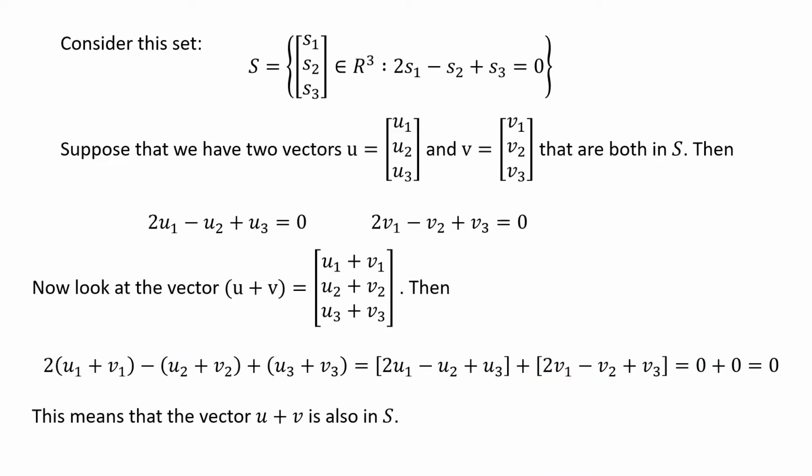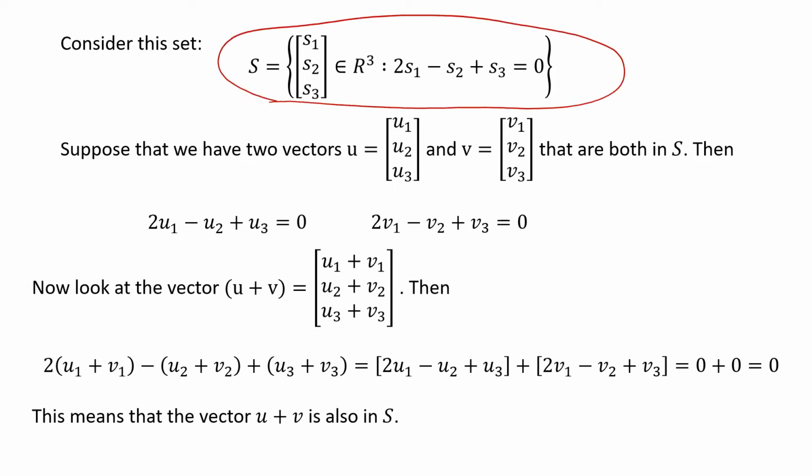So let's look at some properties of S, the set that we just defined on the previous page, all the vectors that satisfy that equation. Now, let's take any two vectors that are in that set. We have the vector u, which we're going to call u1, u2, and u3 as the three elements, and the vector v. Those are just any two vectors in that set.